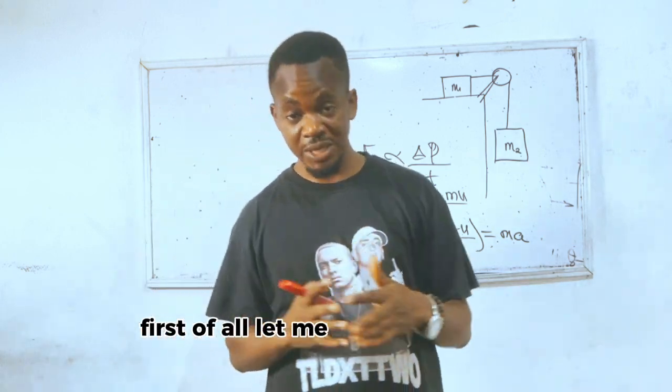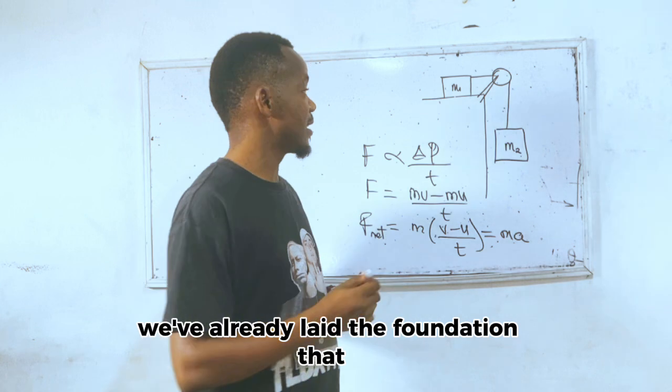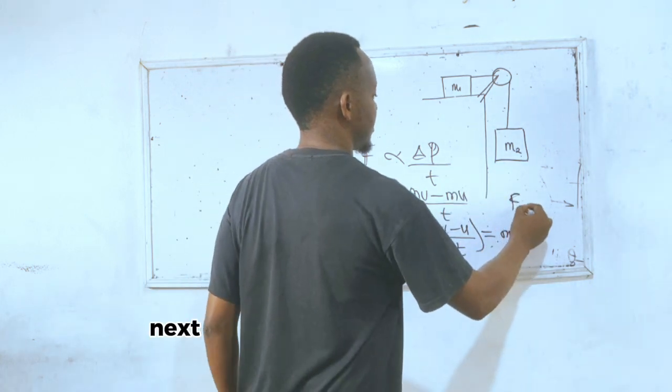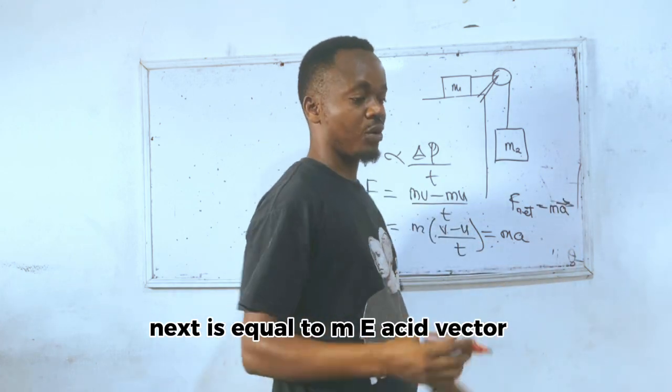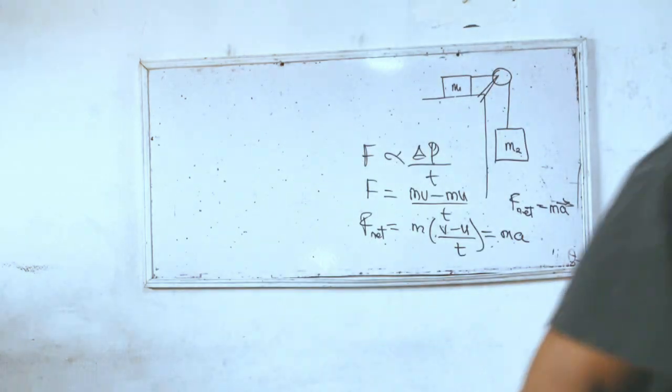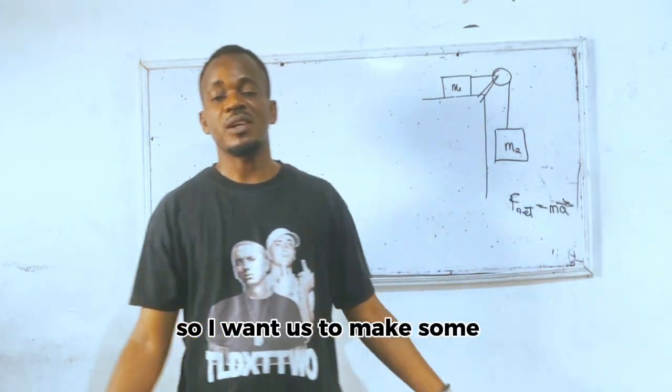First of all, let me rub off what we have. We've already laid the foundation that F net is equal to ma as a vector. So let's rub off the board. So I want us to make some assumptions.